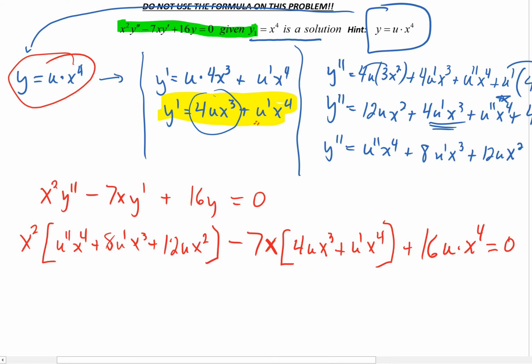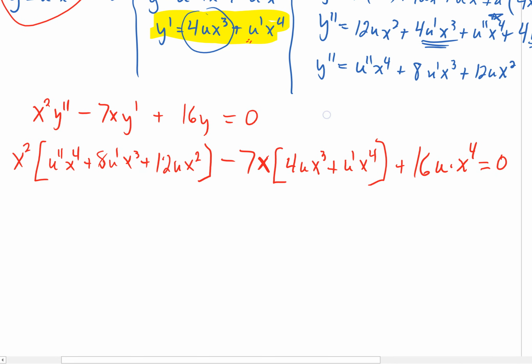Let's see if we could clean this up a little bit and see where we're going. Obviously, we're going to distribute, and we'll have a u double prime x to the 6. Here we'll have an 8u prime x to the 5th. Here we'll have a 12u x to the fourth.